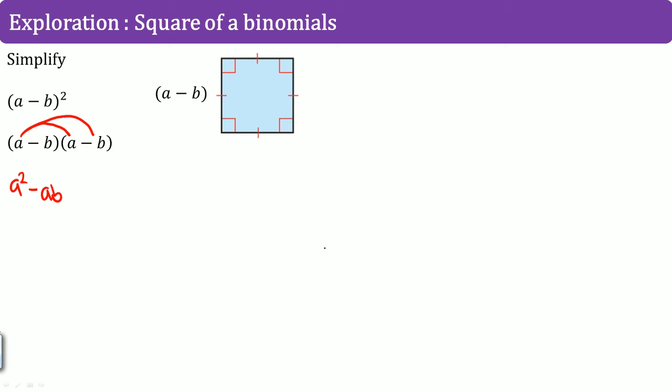Then you have negative b times a, which gets you negative ab. Then you have negative b times negative b, which gets you positive b squared. Do you notice how this is now positive? It's squared, so it's always going to be positive. All right, so it looks like that.